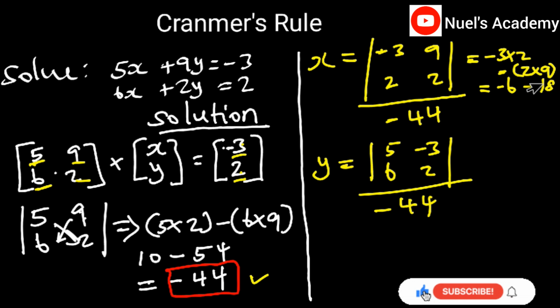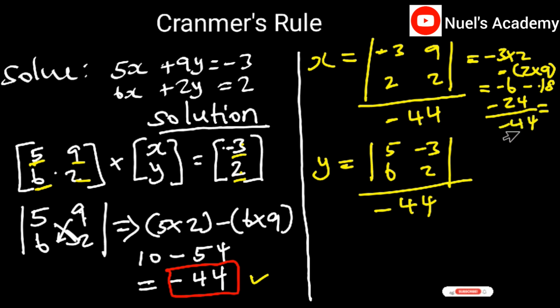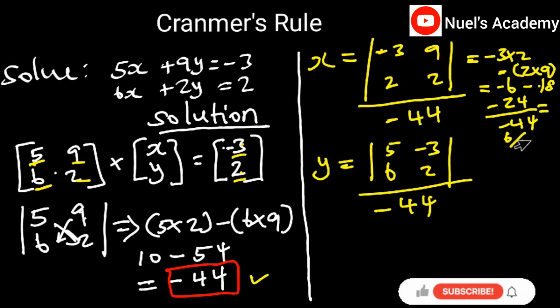Minus 6 minus 18 is going to give us minus 24. So this minus 24 divided by minus 44 is going to give us 6 over 11 as our value of x.